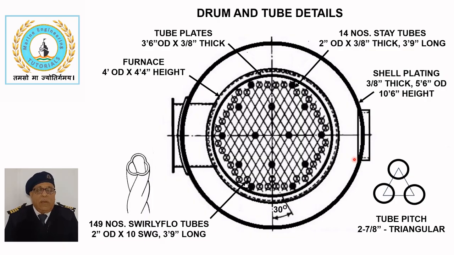No stays are required for the outer shell. However, the flat tube plates are supported by 14 plain stay tubes, 2 inch outside diameter, 3/8 inch thick and 3 feet 9 inches long, which are expanded and then welded into the tube plates.